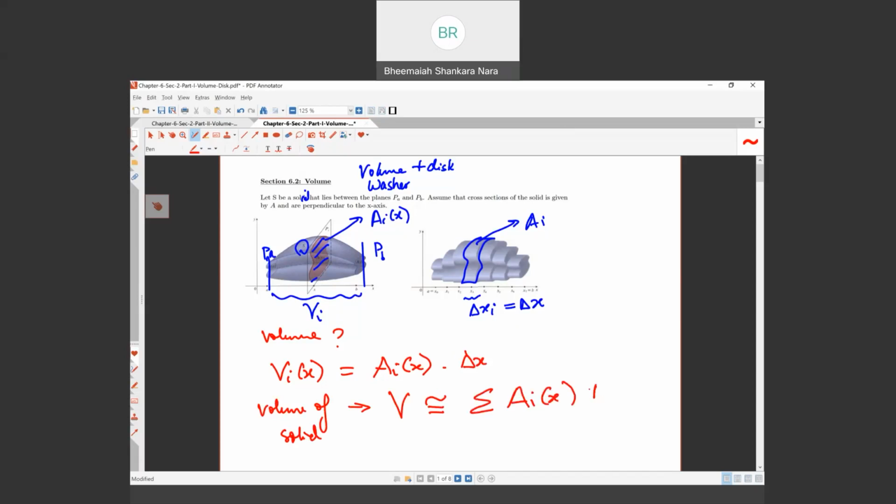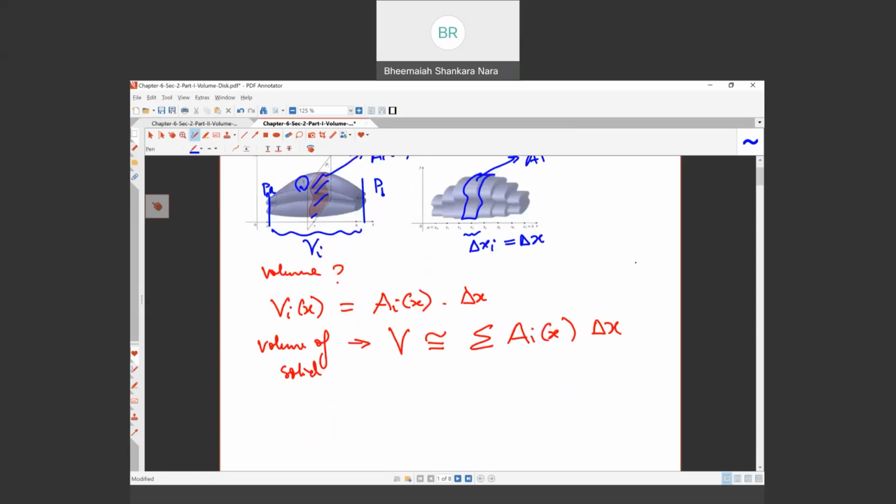So you're adding all the area times the width in the given geometrical figure. So when you sum up, you get the volume. Again, this is not exactly equal. You call it an approximation symbol.